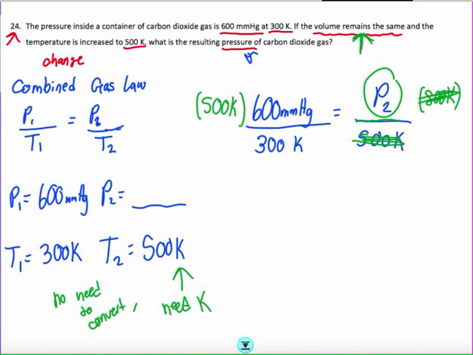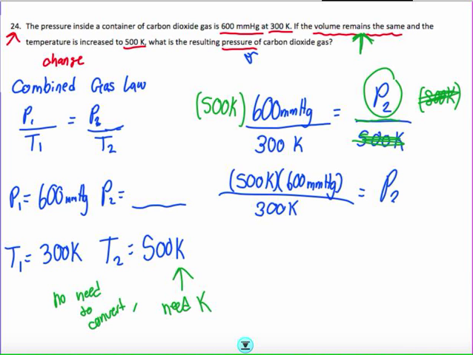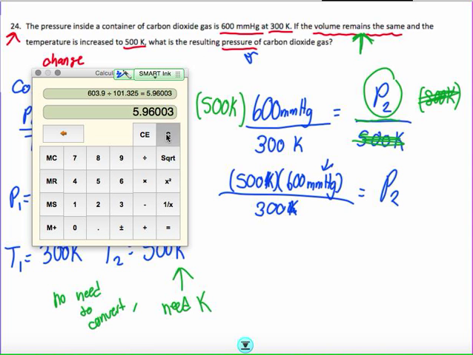And our new equation becomes 500 Kelvin times 600 millimeters of mercury over 300 Kelvin equals P2. The Kelvin units cancel out, so we're left with just millimeters of mercury, which is cool because that's what we want. And then we can just plug it into the calculator. 500 times 600 equals 300,000, divided by 300, and we get 1,000. So the answer is 1,000 millimeters of mercury.